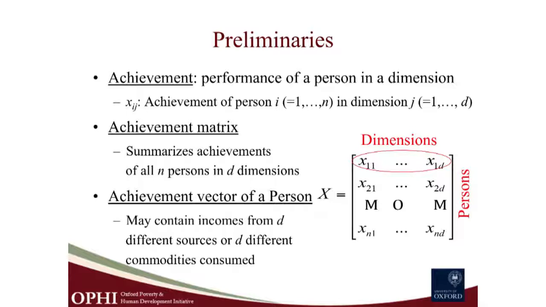For each person, persons are referred in rows and dimensions in columns. This is typically what you see when you use a data set, right? You have a set of people, and for each person you have the information. This is how it looks, and we just denote it by a matrix.